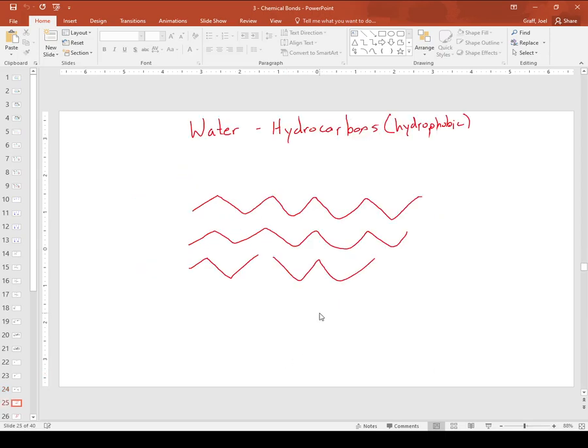Okay, let's talk about one more situation where we have hydrocarbons, which are hydrophobic, hanging out in water. Hydrophobic means they fear water. So one thing that they're going to do is, particularly things like lipids or long hydrocarbon chains, form little oil droplets, basically.